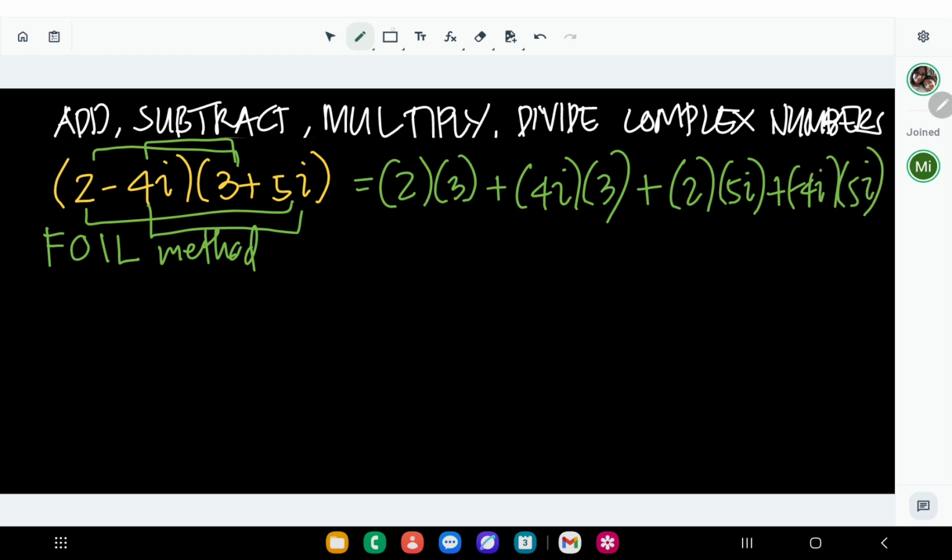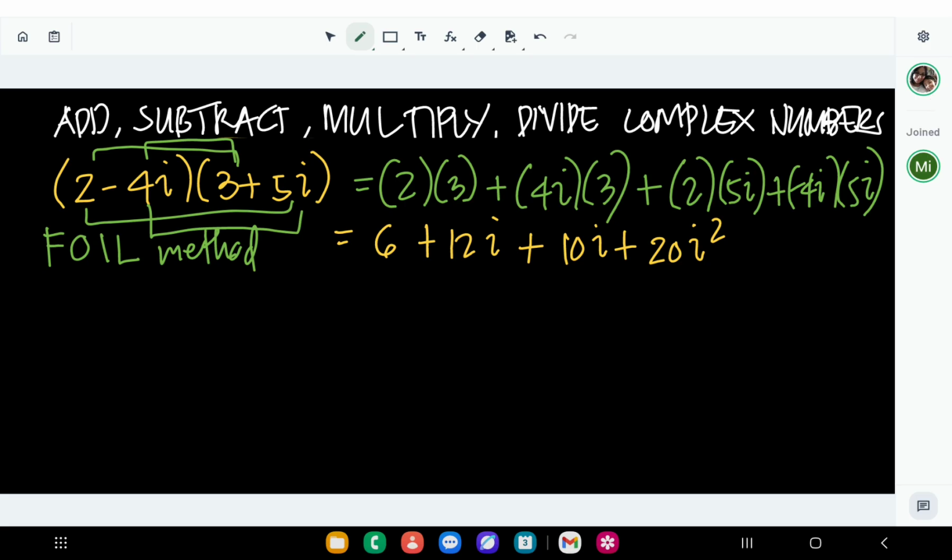Then we simplify. 2 times 3 is 6, plus 4i times 3 is 12i, plus 2 times 5i is 10i, plus 4i times 5i is 20i squared. Okay, you're following? You got that?